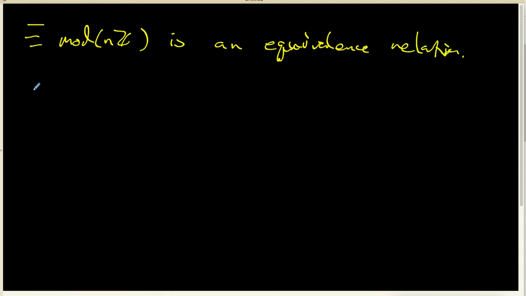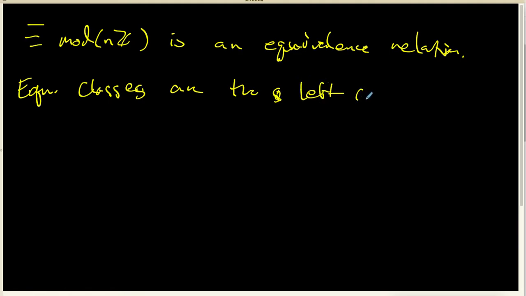And we've even shown that the equivalence classes for this particular relationship are the left cosets of the subring.